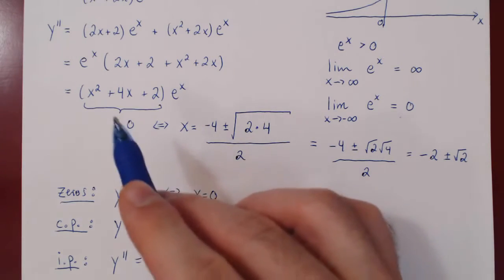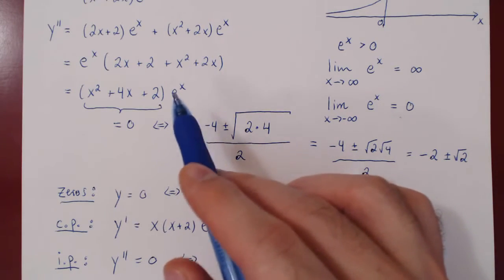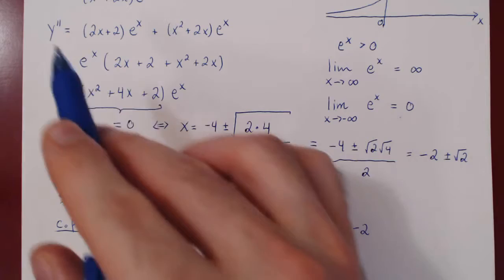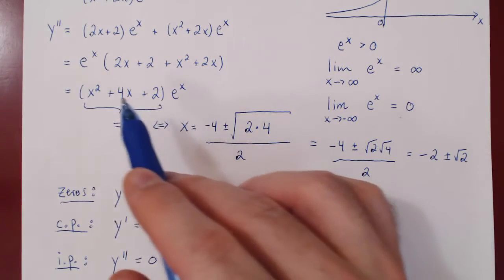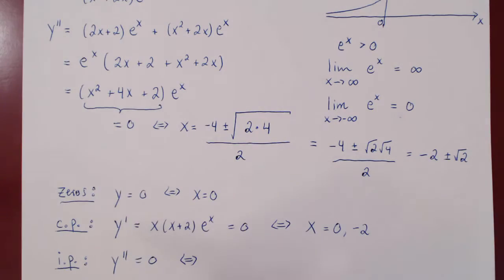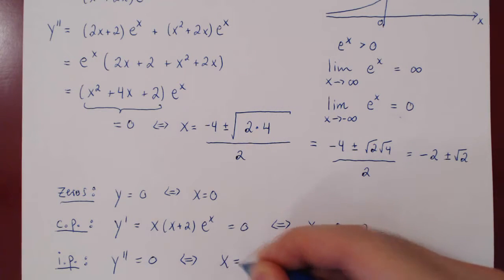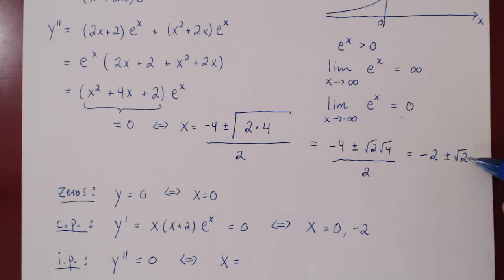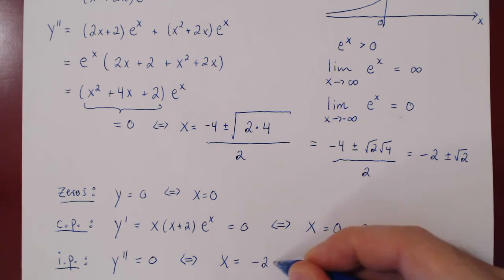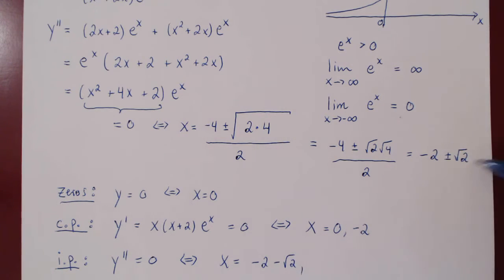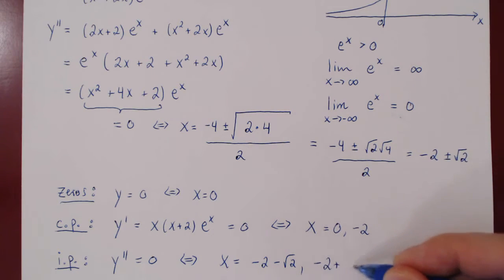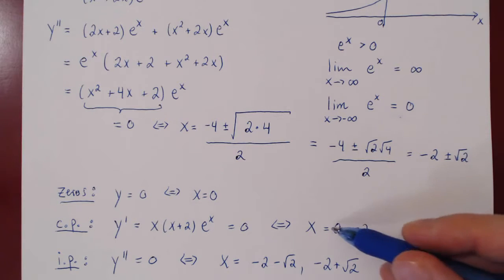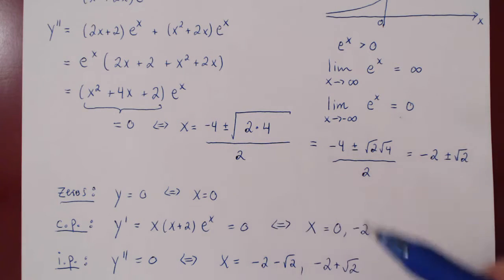And we found that because e to the x is always strictly positive, the only way for the second derivative to be 0 is if its quadratic factor is equal to 0. And this is only possible if x is either negative 2 minus root 2, or x is negative 2 plus root 2. And so we have our two possible inflection points, our two critical points, and our zero.